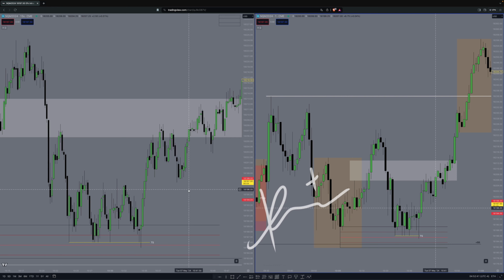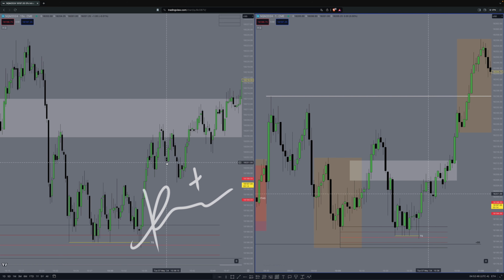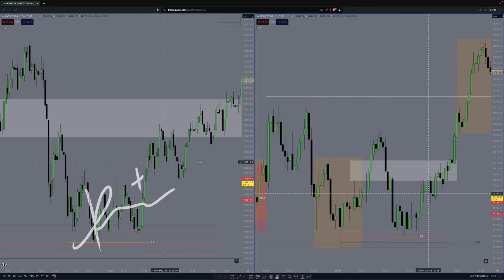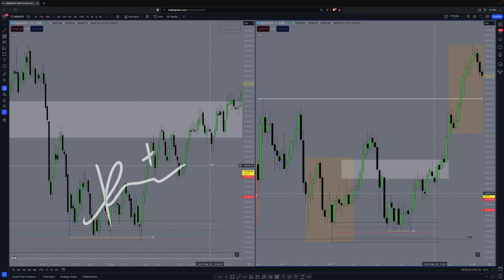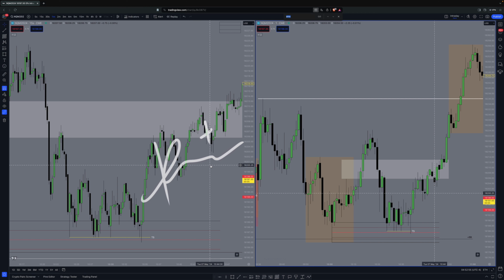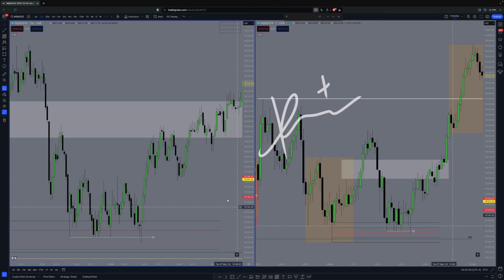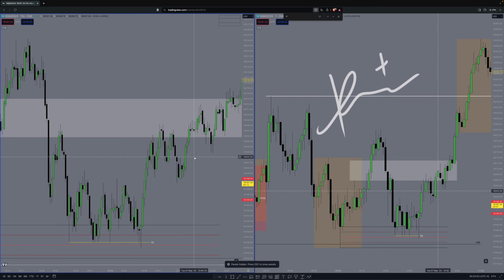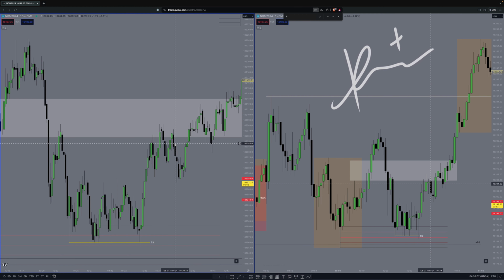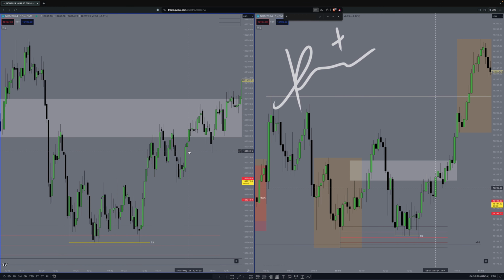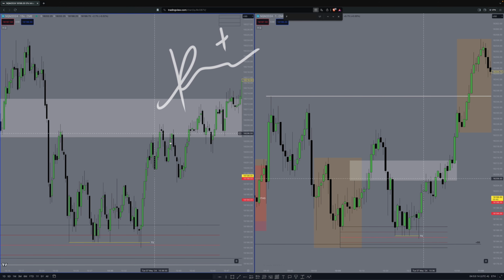I entered on this. I waited and I saw this. So the price accumulating again, right? I think this one looks better on the 30 seconds, but you get the idea. The price accumulates.